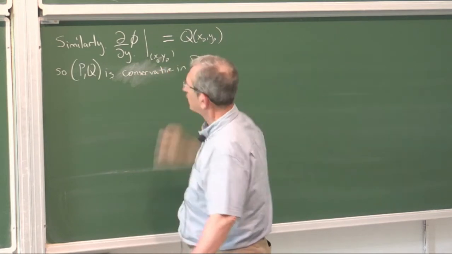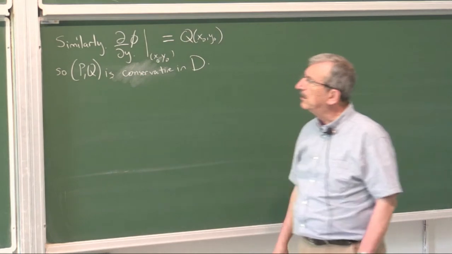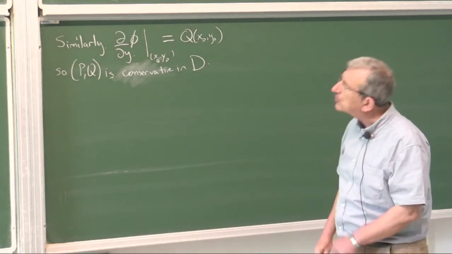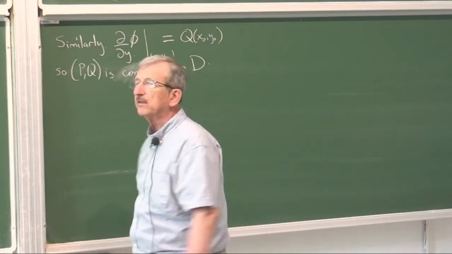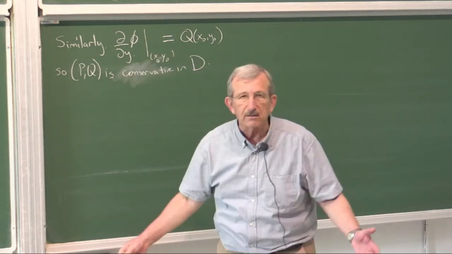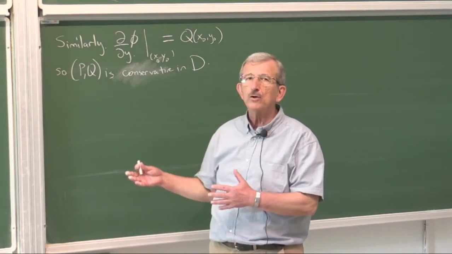So this says that we can find a potential function by using the path independence, but this, of course, is not a very practical thing. It just serves to prove the theorem.